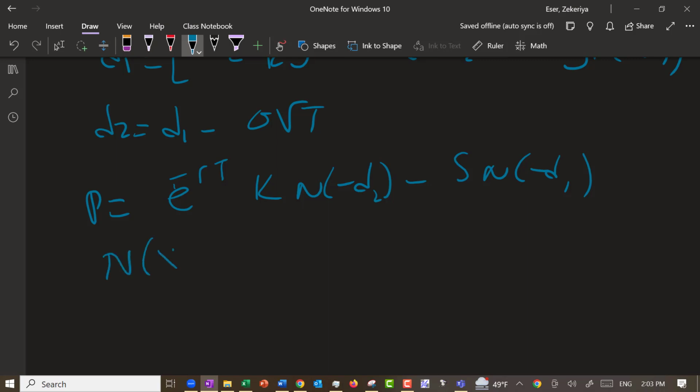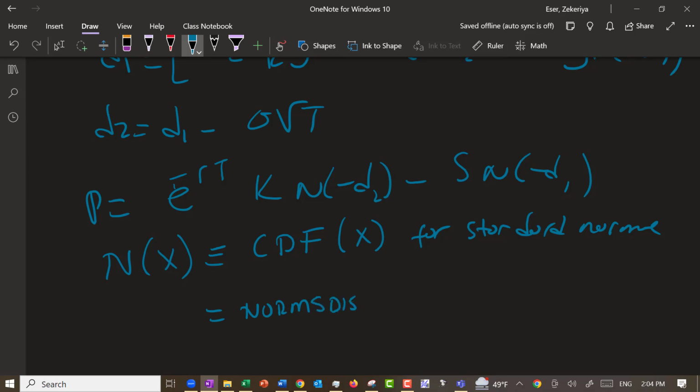This function N of x, this is the cumulative distribution function of x for normal distribution, for standard normal. In Excel, this is NORM.S.DIST of x.